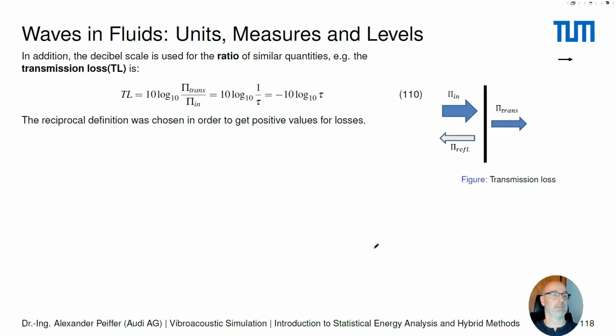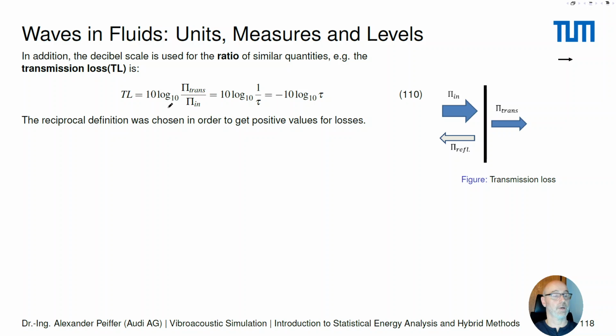This decibel scale is also used to relate a ratio of similar quantities. A very important one is the transmission loss. You have seen the transmission coefficient in the transmission reflection chapter between two fluids. And this is a relationship between the transmitted and the incoming power. So incoming here, transmitted, and we neglect the reflected power here.